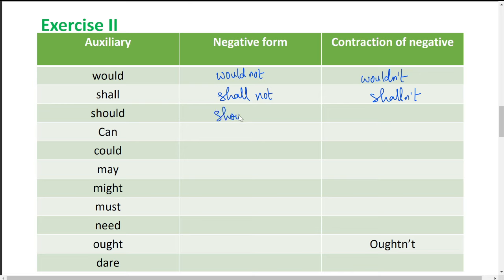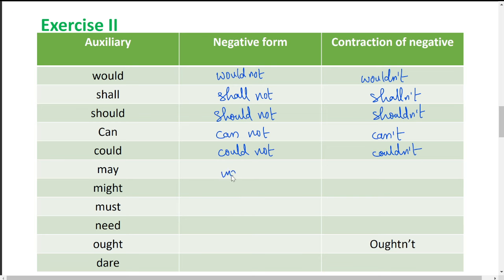Next, should changes to should not, and the short form is shouldn't. Next, can changes to cannot, short form is can't. Next, could changes to could not, and the short form is couldn't.